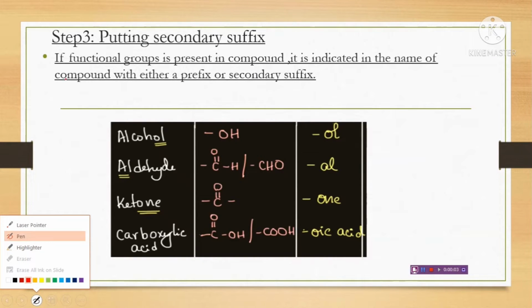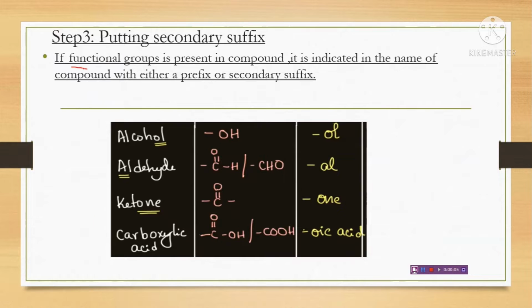Now let us look at a special case of functional group. When we get a functional group, we have to put a secondary suffix. Sometimes also a prefix, but we will see it in the next slide when we have to put the prefix. But mainly we have to put a secondary suffix. Step 3 is to be followed only when we get a functional group.